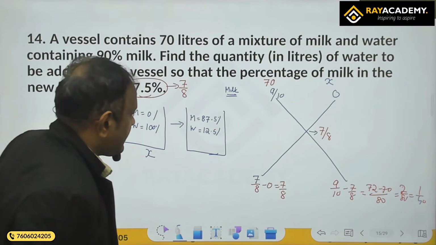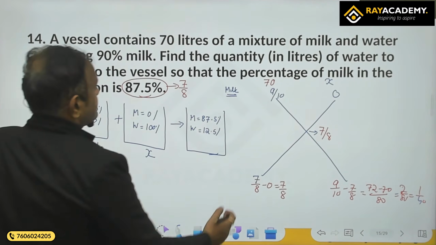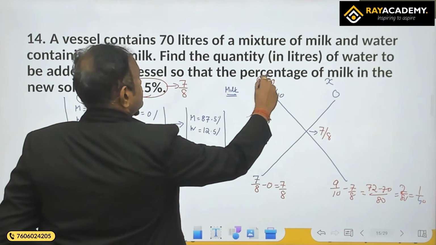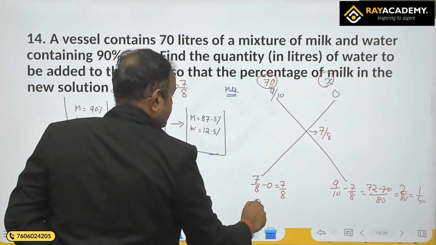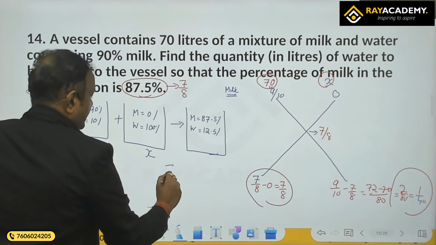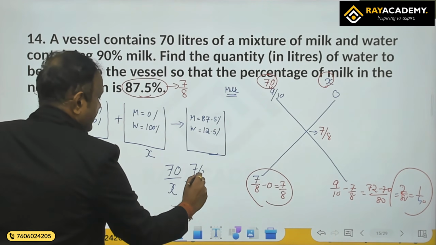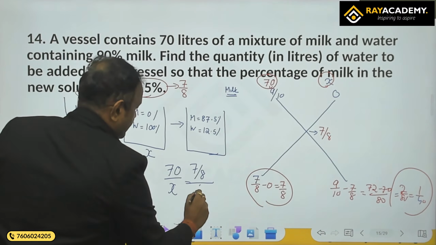Am I getting it right? 90 minus 87.5, yes, 1/40. So alligation says this divided by this should be equal to this divided by this. So 70 divided by x should equal 7/8 divided by 1/40.